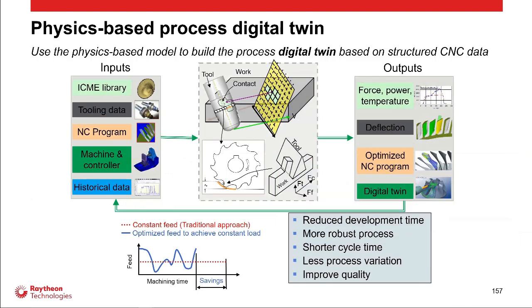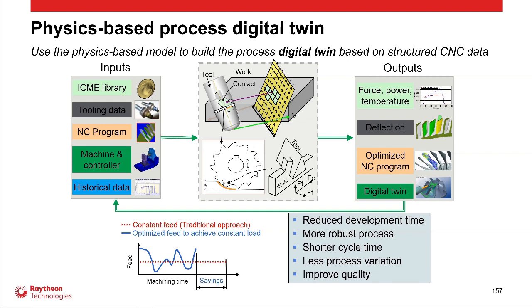So here is the physics-based model, and how we can integrate it to follow the CNC structured data format to organize the data. Here we have the inputs, such as the material, tooling data, the NC program, a machine model, and a control model. Based on the simulation with this NC program, and the tool and material contact information, you can calculate the cutting forces.